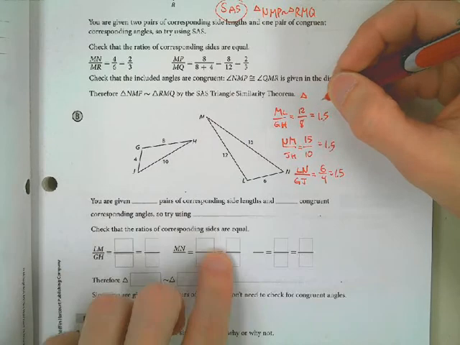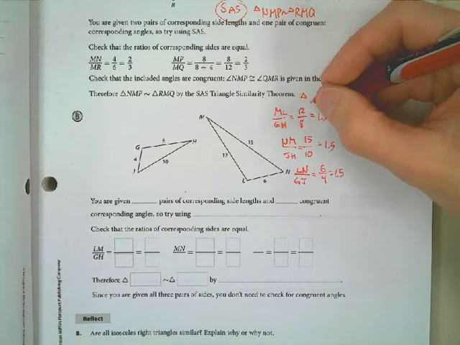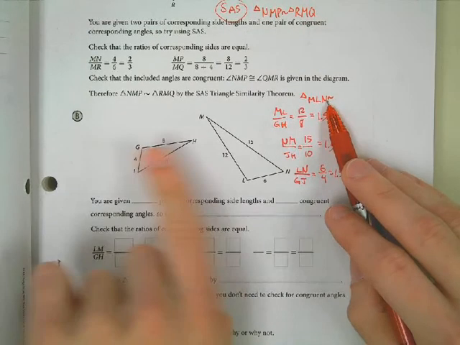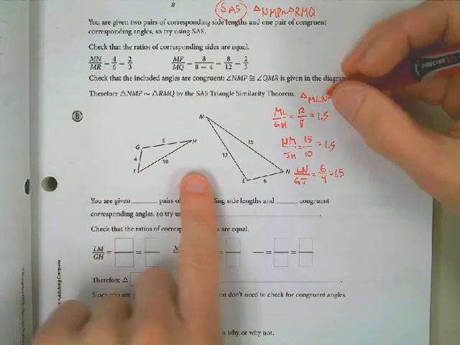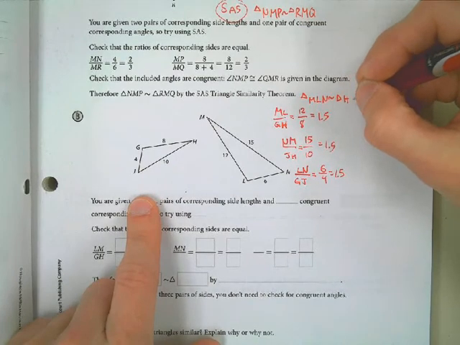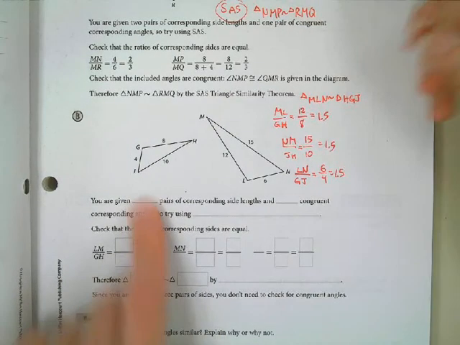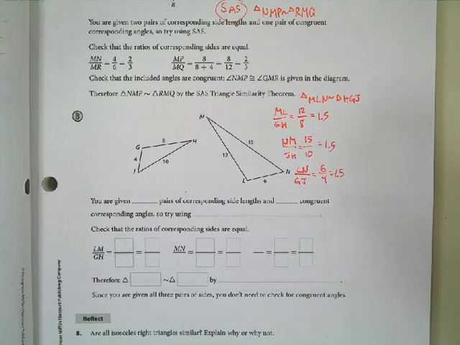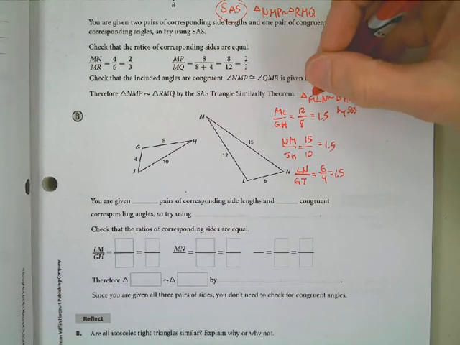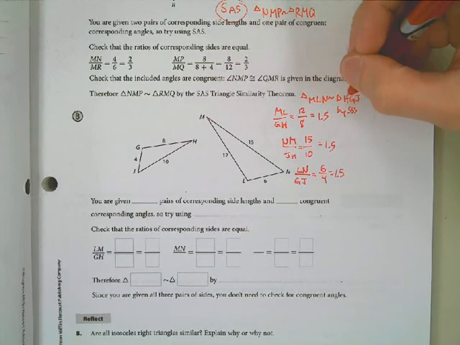Yes, by side-side-side. Okay, let's name these and write the similarity statement. Garrett, why don't you name this triangle for me, however you want to name it. MLN is similar to HGJ.